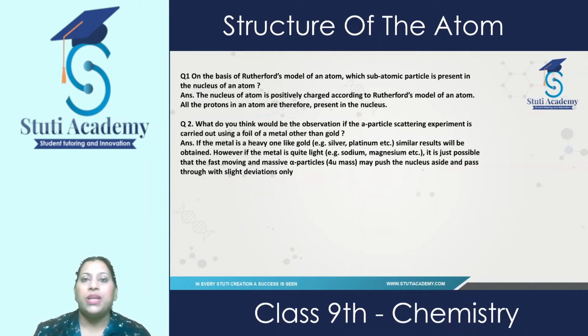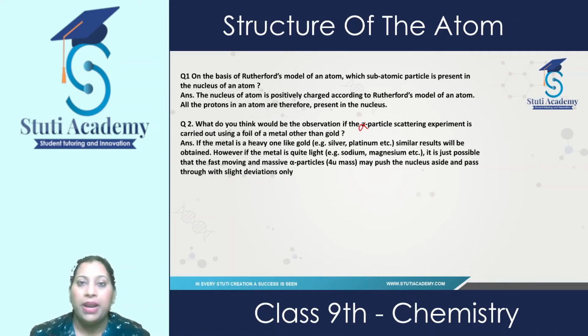The next question is, what do you think would be the observation if the alpha particle scattering experiment is carried out using a foil of a metal other than gold? If the metal is a heavy metal like silver or platinum, we'll get the same result.